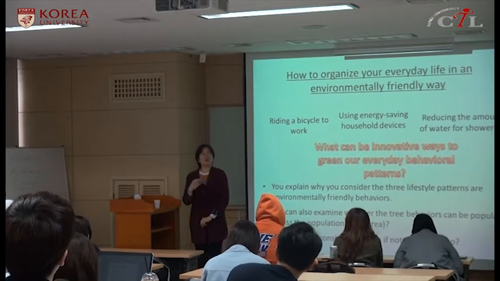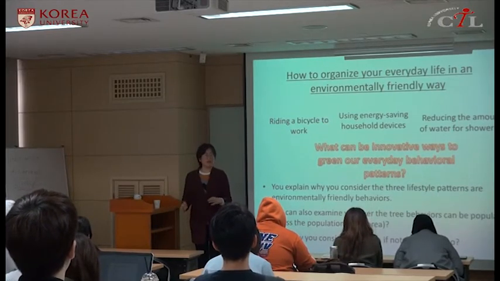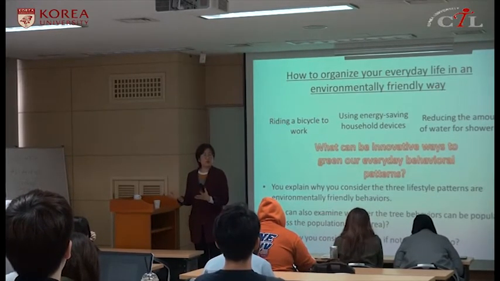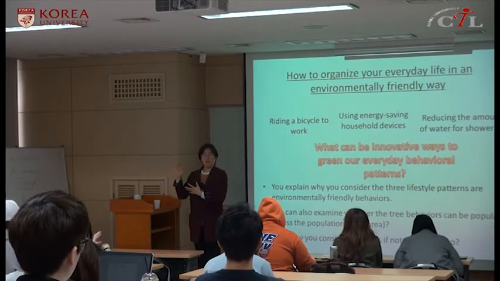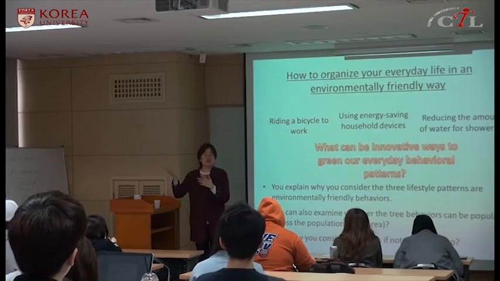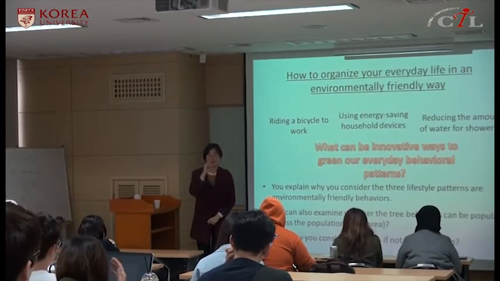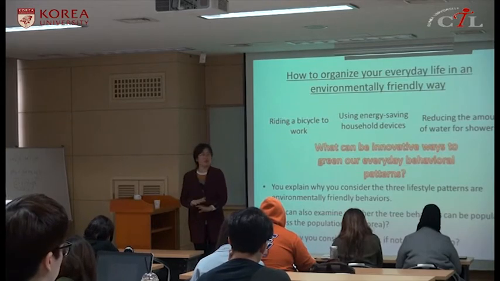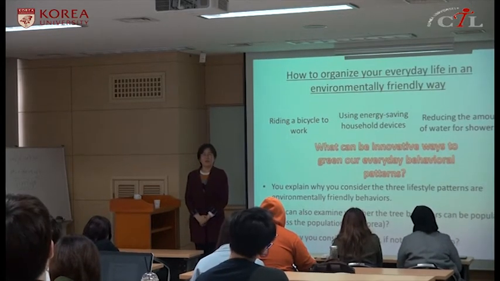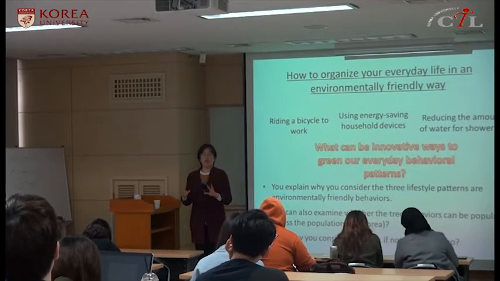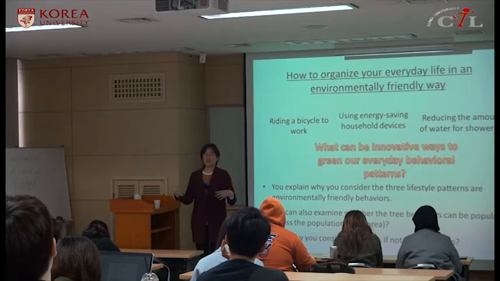Even if you want to take a bike and organize your everyday life in an environmentally friendly way, you want to contribute to the air quality of Seoul, because many times the air quality of Seoul is horrible. But then the road situation is very dangerous.